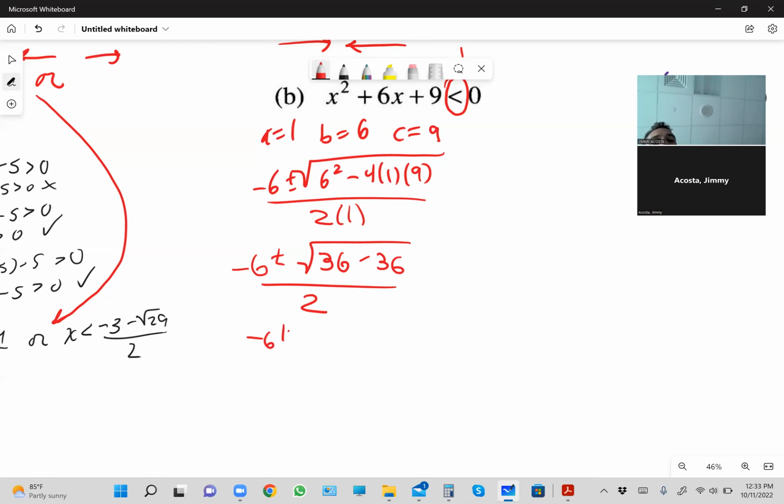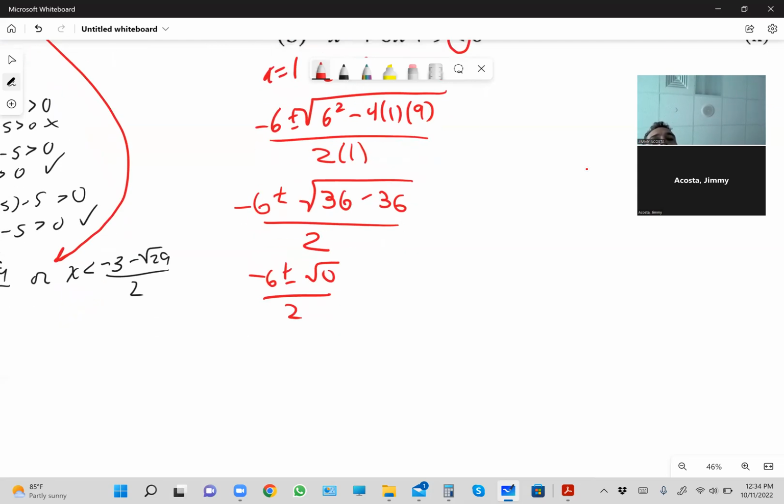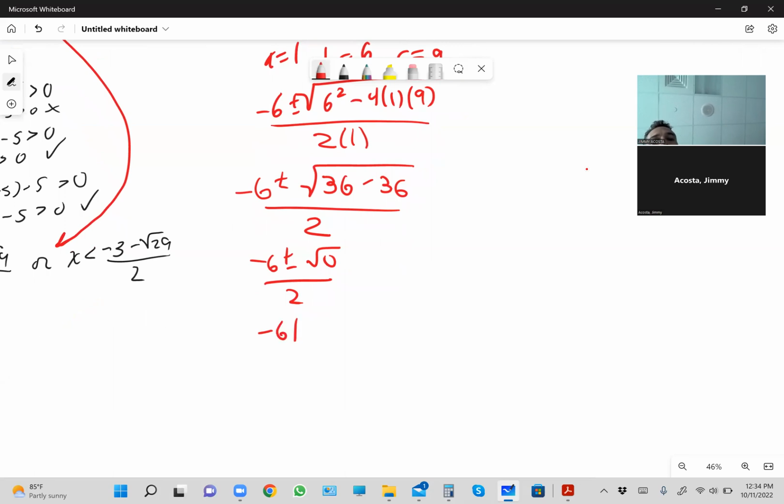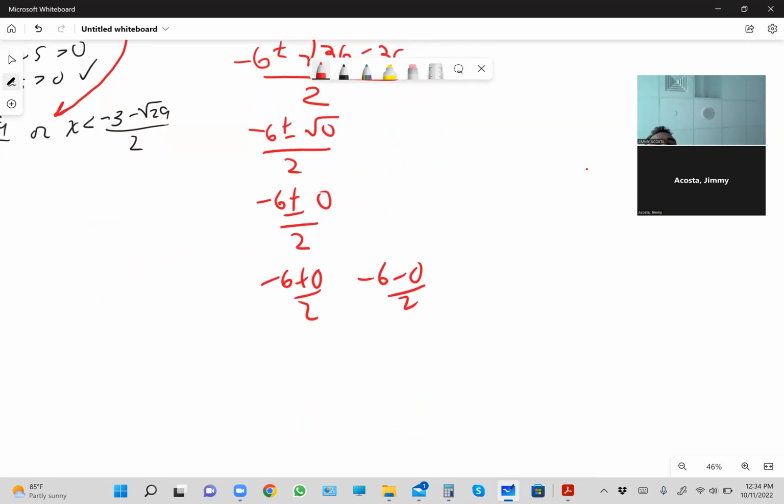So negative 6 plus or minus the square root of 0 over 2, or negative 6 plus or minus 0 divided by 2. So maybe it's negative 6 plus 0 divided by 2, or negative 6 minus 0 divided by 2. And that's going to be -3, or -3. Oh my gosh, they're both the same answer.